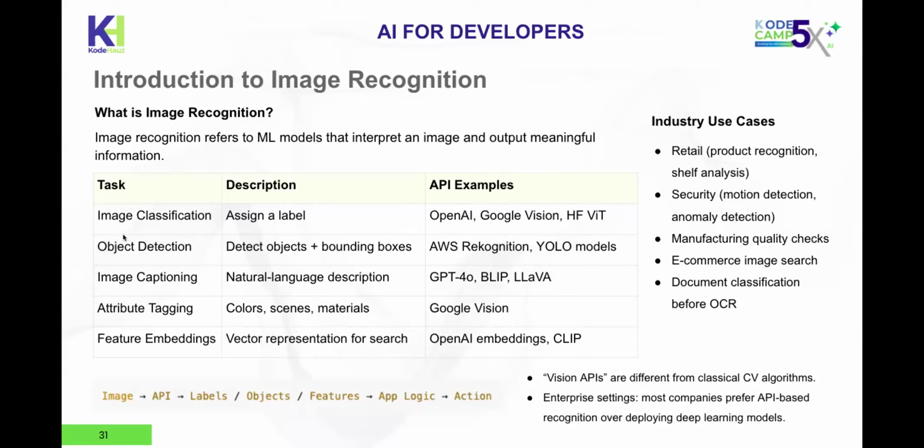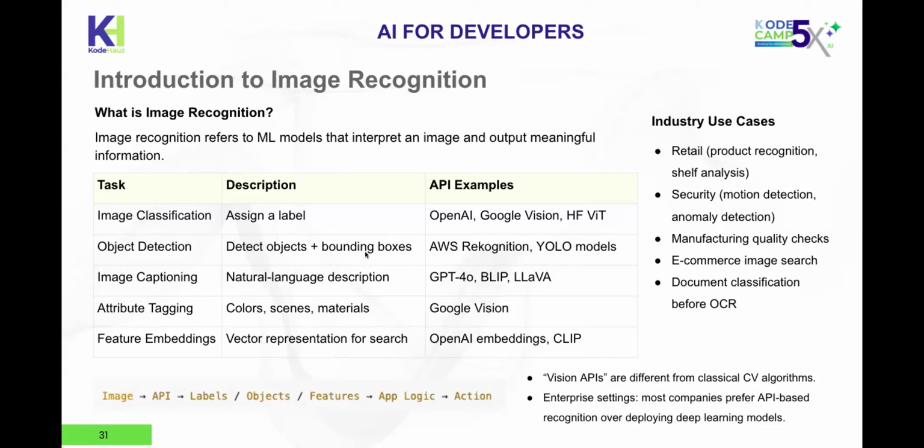Then you also have object detection. Object detection is where you want to be able to detect what are the objects in an image, right? For example, if you have people or animals or balls or cars, whatever. It detects the objects and does what we call bounding boxes. A bounding box is basically a box that is drawn around an object to show the boundary of that object. It's typically drawn as a rectangle.